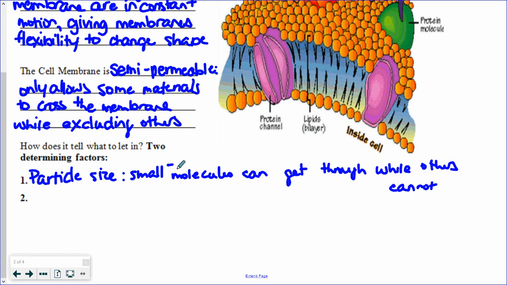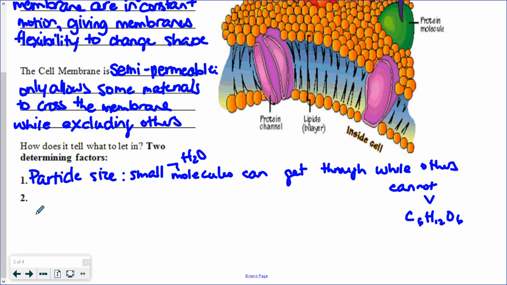Something like water is a pretty small molecule. Others cannot, let's say glucose, a pretty big molecule. So it has a tough time getting in, but we know that sugar does need to get in. So there are ways that it can figure out to get through.